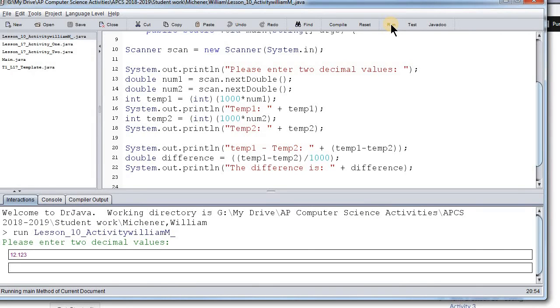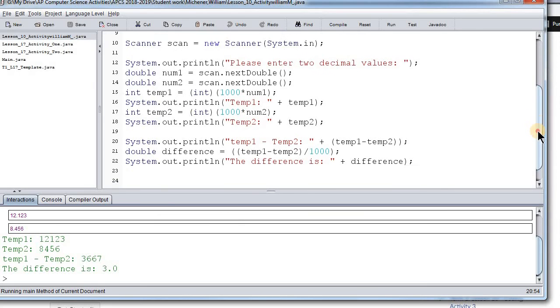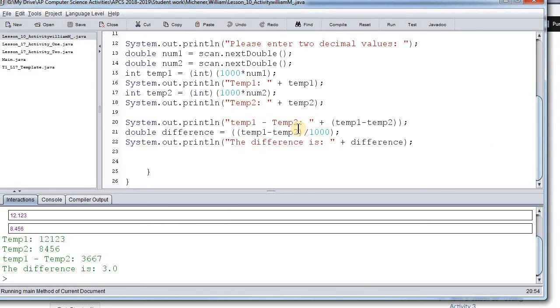So let's run it again. 12.123, 8.456. When I subtract the two, I get 3667, but then the difference is only 3. So what happens is it takes this, and when it divides by 1,000, it moves the decimal place over to here, but then it changes it into a 3.0, and that's because of this little problem right here.